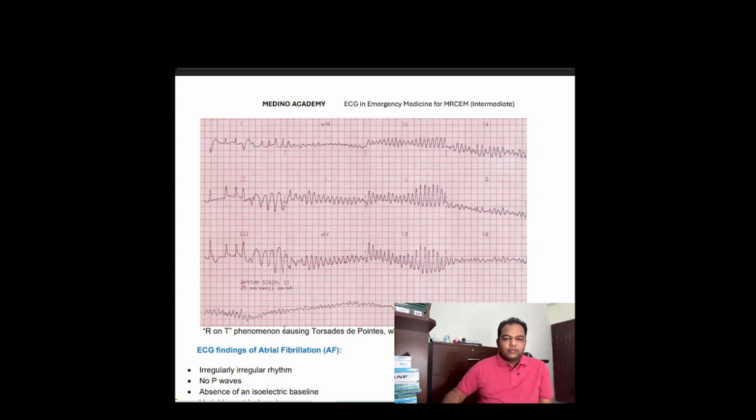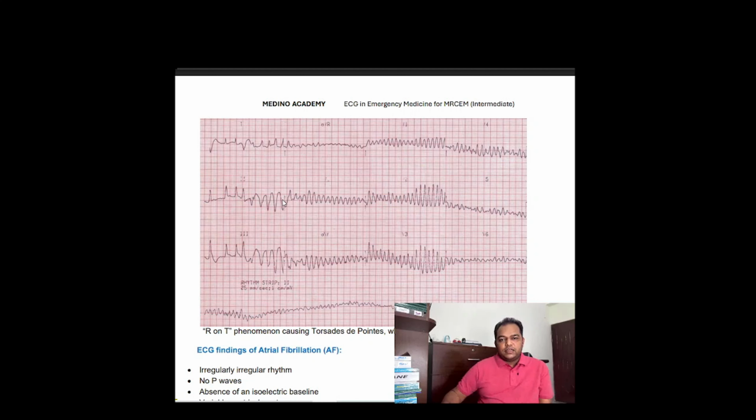What is R on T phenomenon? In case of VT, when we give shock, when the energy is given without synchronization, it can cause R on T phenomenon.